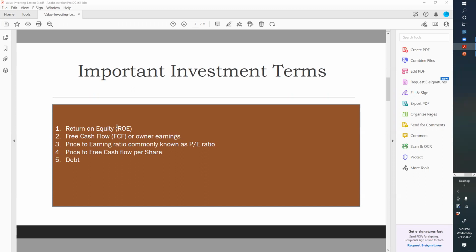It is also known as book value. Equity means all assets minus all liabilities, and that will come up as shareholder equity.